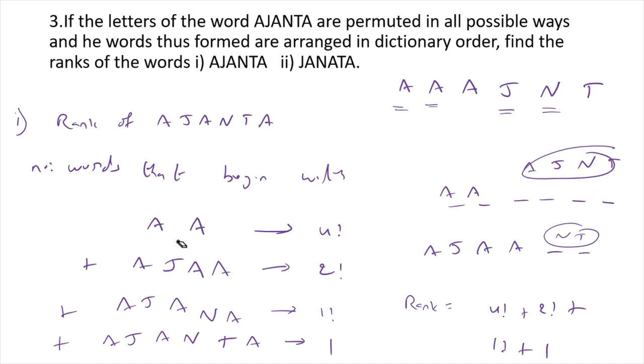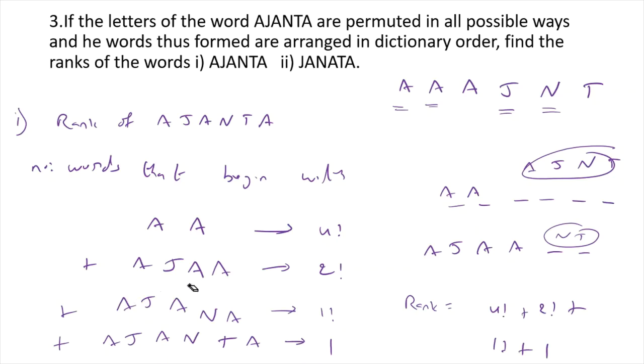So the rank of Ajanta is going to be 4 factorial plus 2 factorial plus 1 factorial plus 1. I will count all the words that begin with AA. I cannot count all the words that begin with AJ, so I have to take one more letter, AJA. But Ajanta starts with AJA, so I cannot count all the words that begin with AJA also. I will count all the words that begin with AJAA, which is going to be 2 factorial.